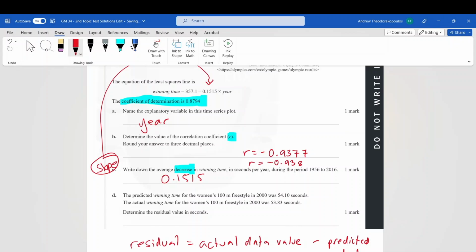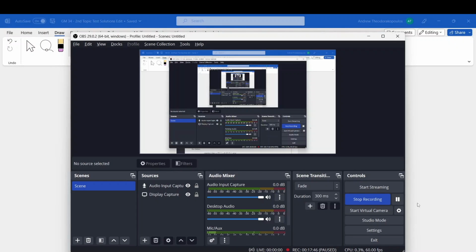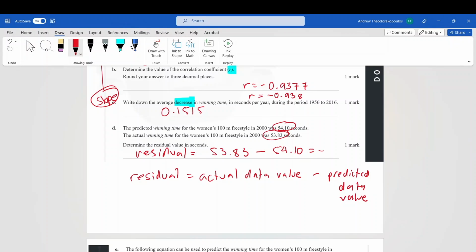In this case, the residual equals the actual data value, 53.83, take away the predicted, which was 54.10, which is negative 0.27. Please don't forget to put that negative sign in there, because that is the actual residual value, negative 0.27.